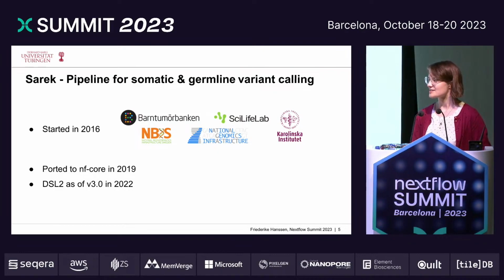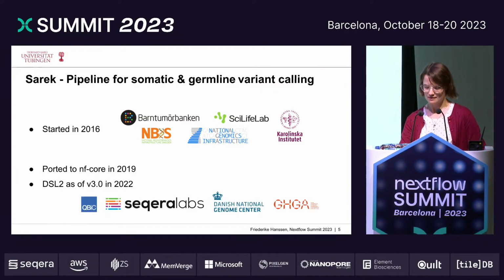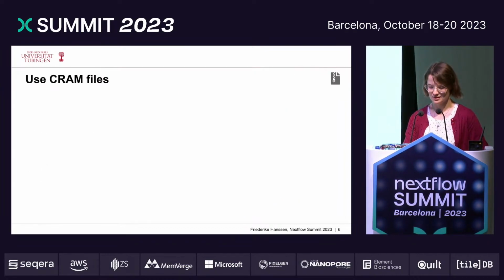While we were porting Sarek, we figured, since we have to rewrite the whole pipeline from scratch anyway, touch every bit of code, we should try and optimize it here and there a little bit. Also mostly motivated by some of my own research projects that didn't quite work out because of some bottlenecks. At the moment, Sarek is mostly supported by people from QBiC, the CRAM Labs, the Danish National Genome Center, and many other volunteers in the community, of course.